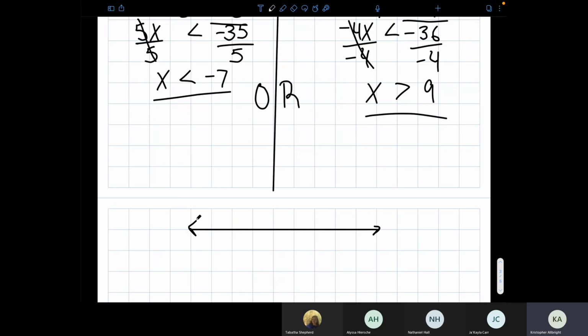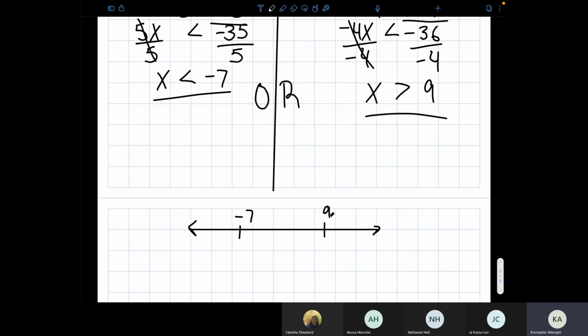So we're saying x is either less than negative 7 or greater than 9. So I'm going to put negative 7 and 9 on our number line. Those are our important points. You can draw it out if you would like. I usually just stick to important points.